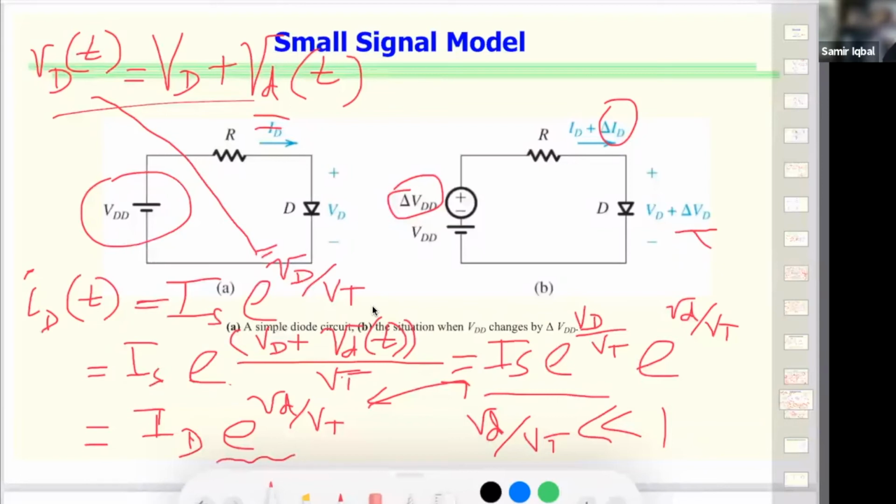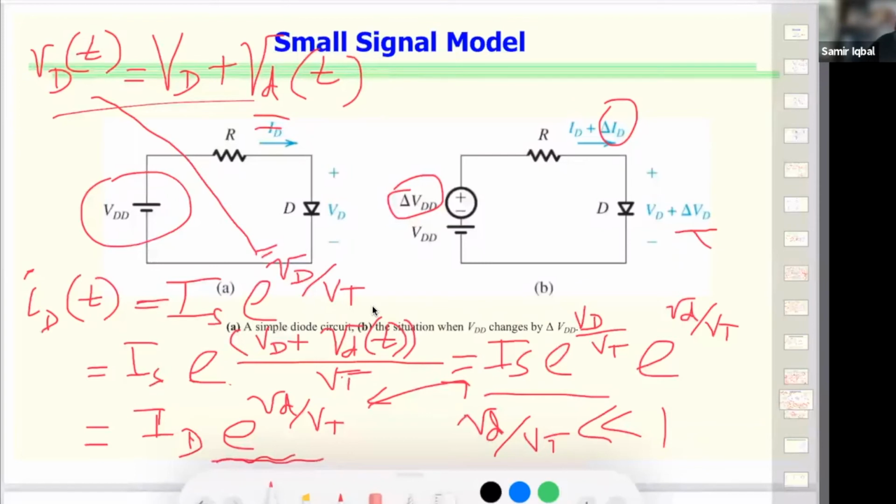This is where we say this v_d is a small signal. Then the whole function can be small, so I can expand this exponential into a series. And what do I get?